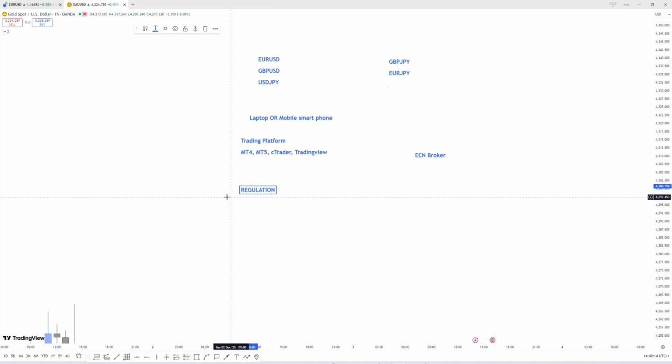There are federal bodies or organizations whose major focus is on this. They make sure that anyone who is into financial activities, like your forex broker, must be regulated. They have requirements that anyone acting as a broker must meet. Your own job is to make sure that your broker is regulated.